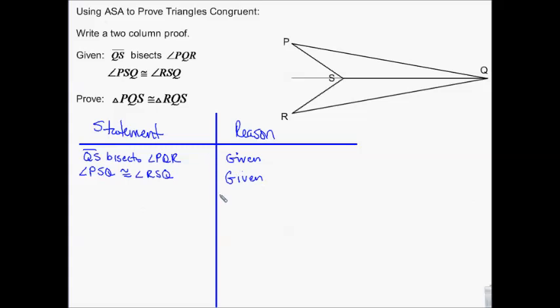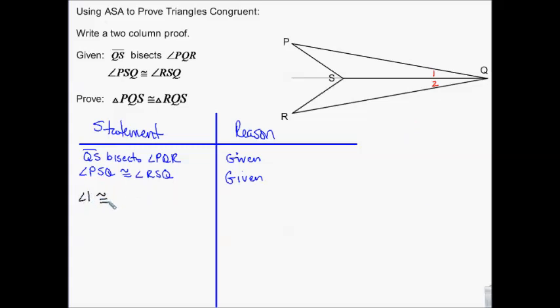So I'm going to label these. QS bisects PQR. Well, bisecting, it bisects angle PQR, that means this angle 1 and this angle 2 are going to be the same, because bisect means to cut in half. So I'm going to write that in there.